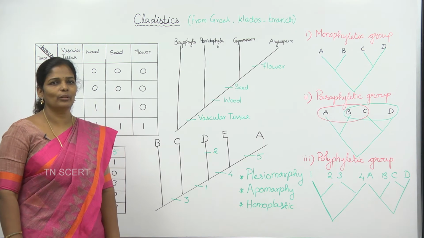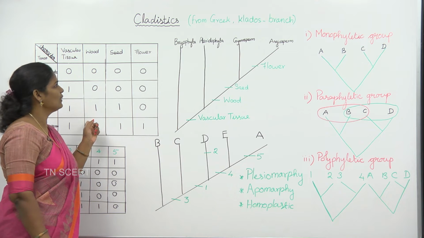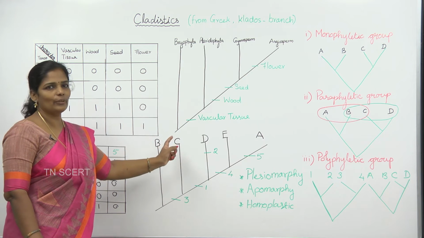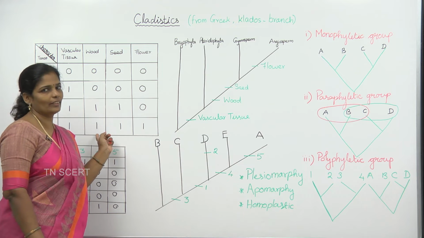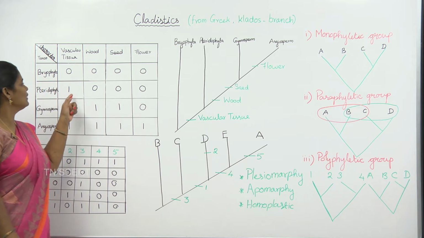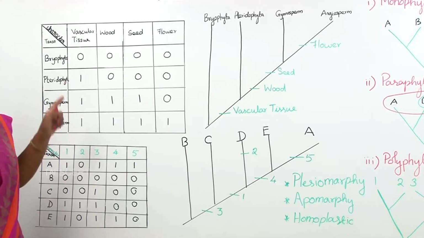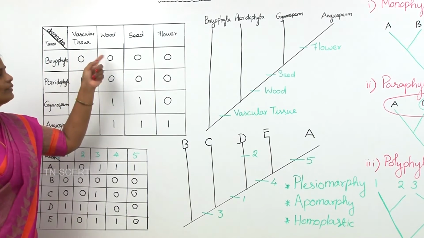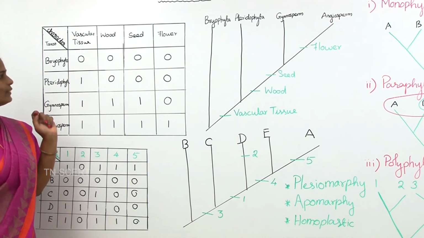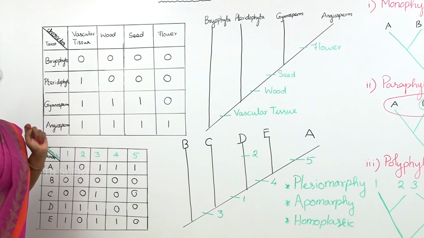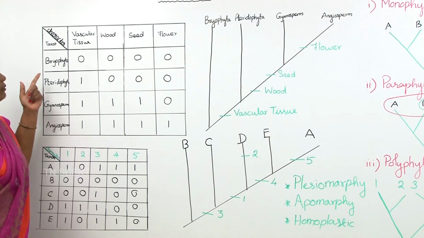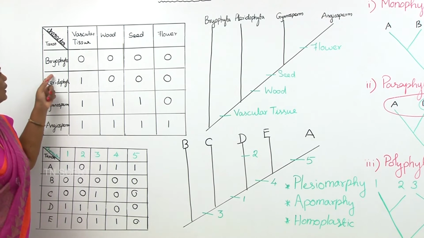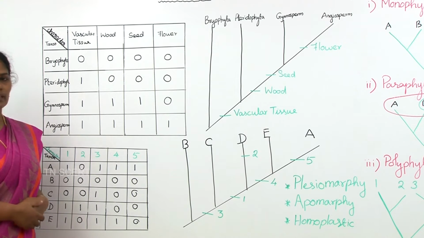We are going to see now how to tabulate data and how to construct a cladogram with the help of that data. Okay. So, see this table now. Here, these denote the characters and these are the taxa. For example, Bryophyta. In Bryophyta, vascular tissues are absent, isn't it?